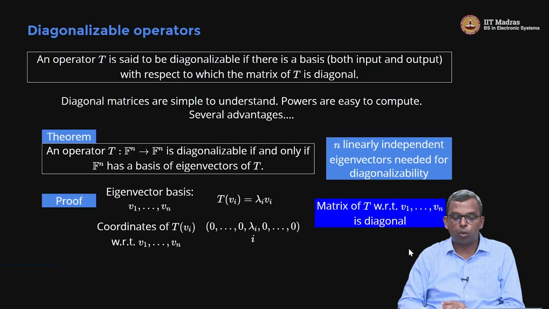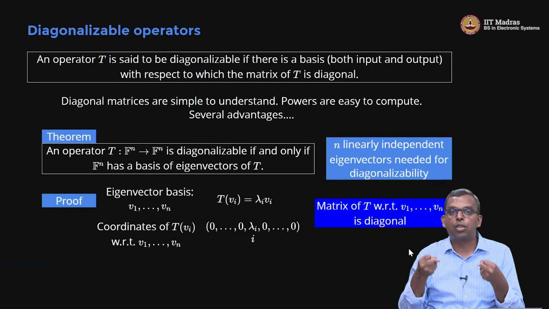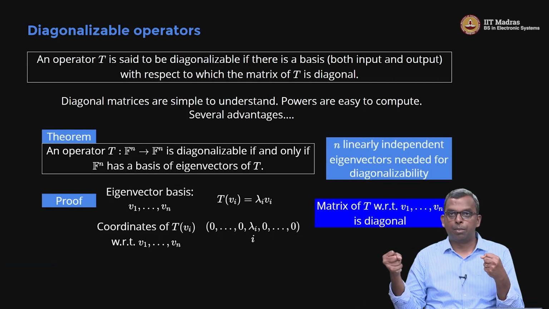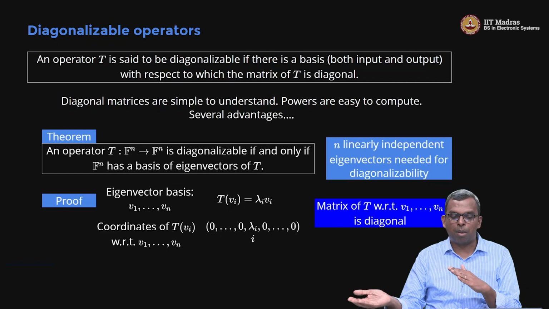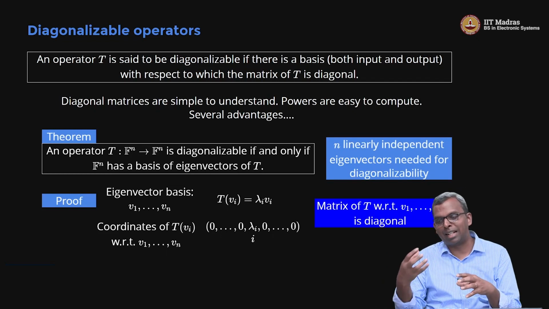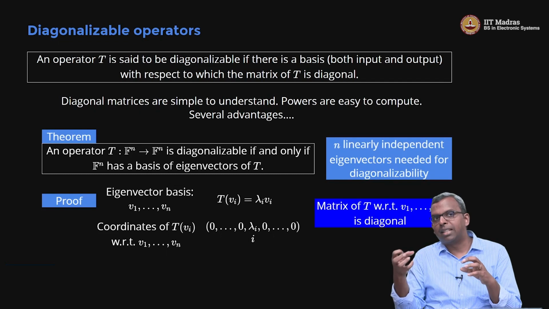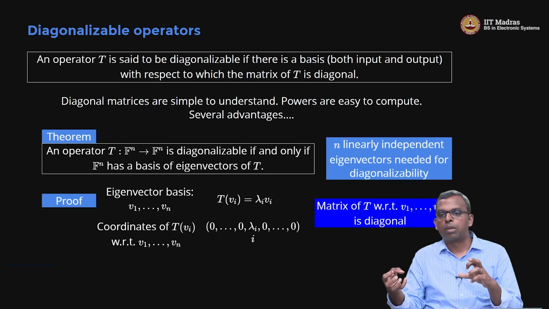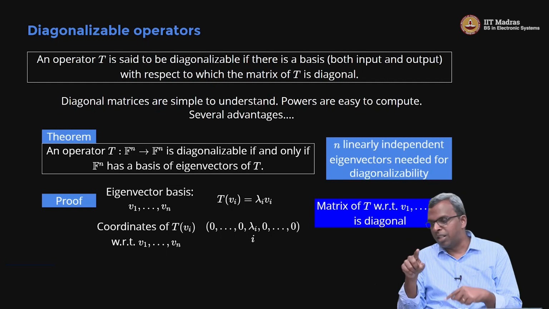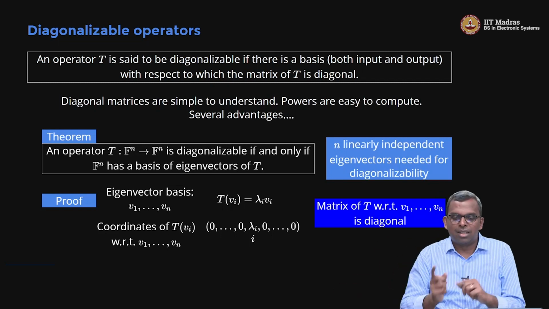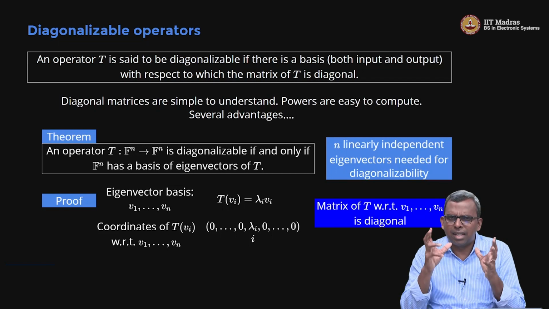Okay, so it's a very easy proof to see that if you have a basis of eigenvectors of T, then T is diagonalizable, and vice versa. Everything here you can trace back. So if you have a diagonal matrix representation for T, pick up that basis. Those will be eigenvectors with the eigenvalues appearing on the diagonal. Okay, both are one and the same. So this is the central idea.